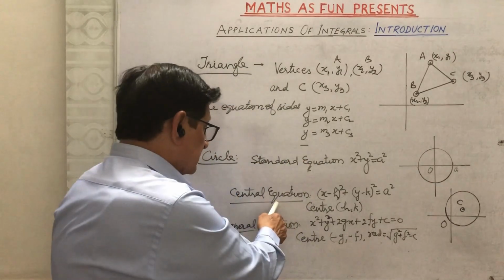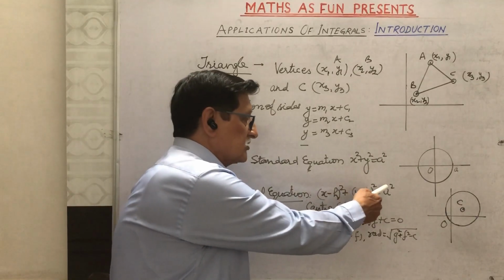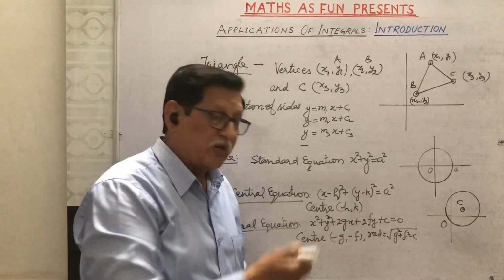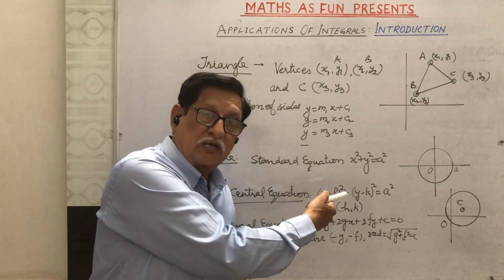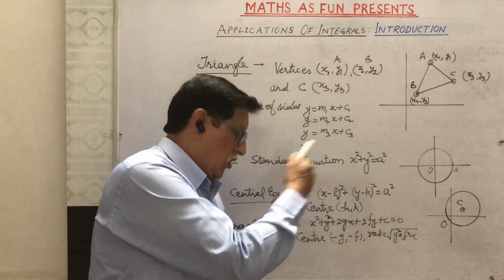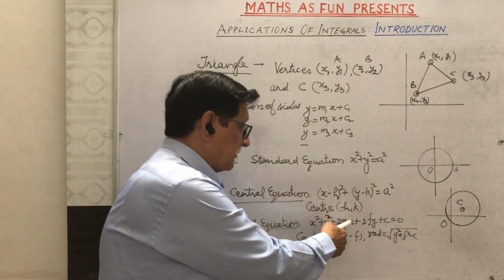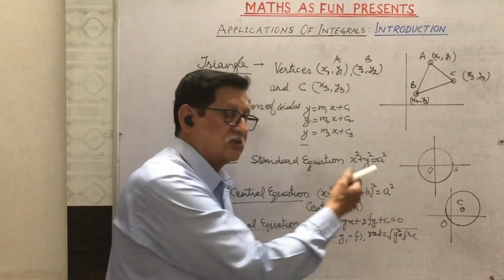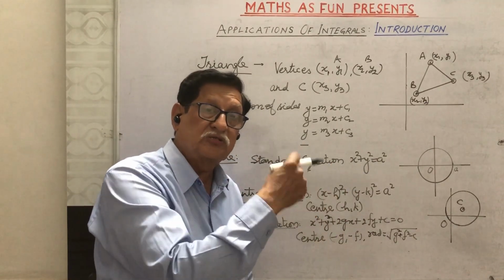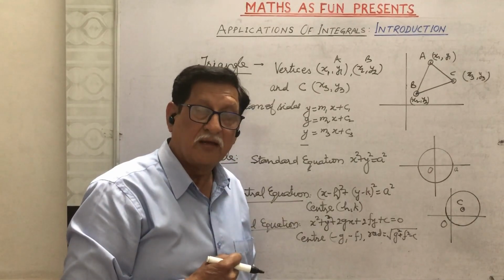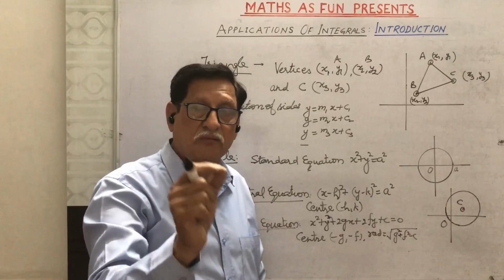In case we are given the central equation (x minus h) square plus (y minus k) square equal to a square, we know that the center in this case is h comma k and the radius is a. Or we are given the general equation, that is x square plus y square plus 2gx plus 2fy plus c equal to 0. Then we know that the center of the circle is minus g comma minus f, and the radius is given by root of g square plus f square minus c.